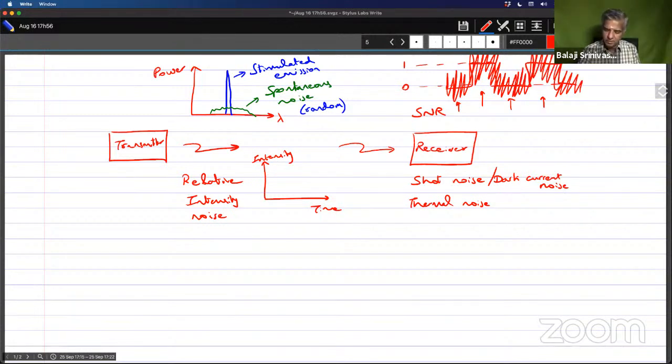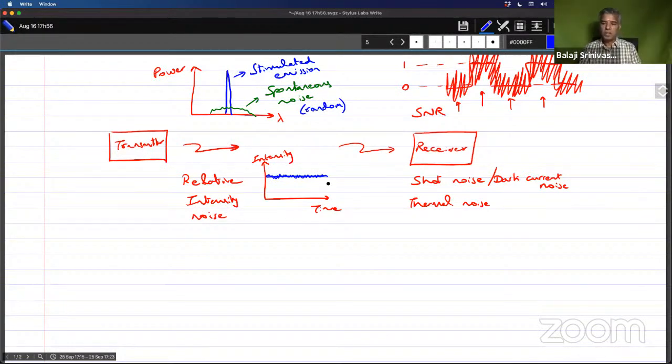Let me just be consistent and use the blue color here. So you want constant intensity, but because of this spontaneous emission, you would have a certain noise around it. So certain variability in terms of the intensity of light. That variability is what we are calling relative intensity noise.